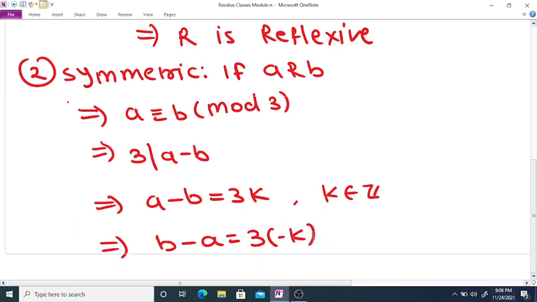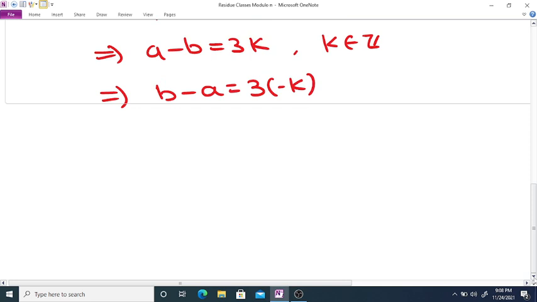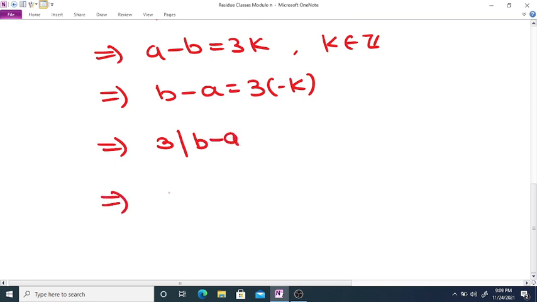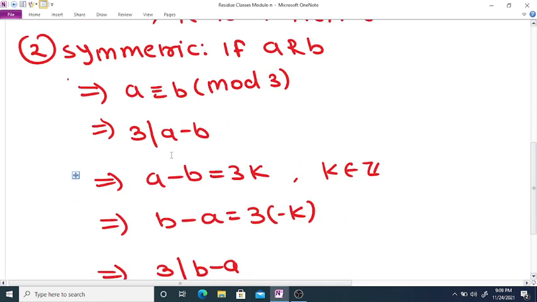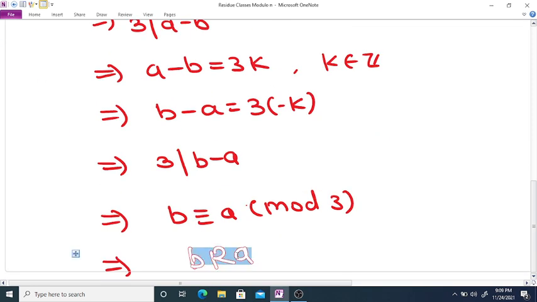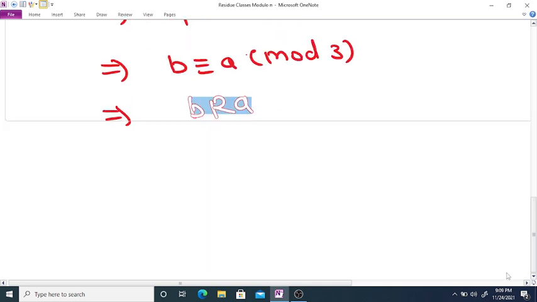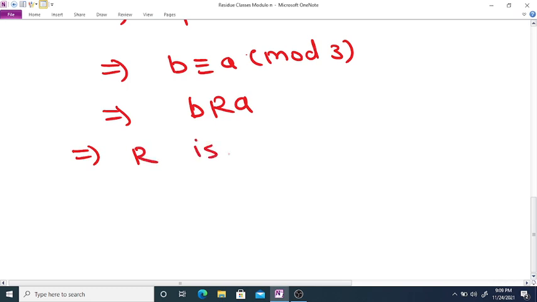This implies 3 divides b minus a, and this implies b is congruent to a modulo 3, which implies b is related to a. So if a is related to b, then b is also related to a, and therefore the given relation R is a symmetric relation.